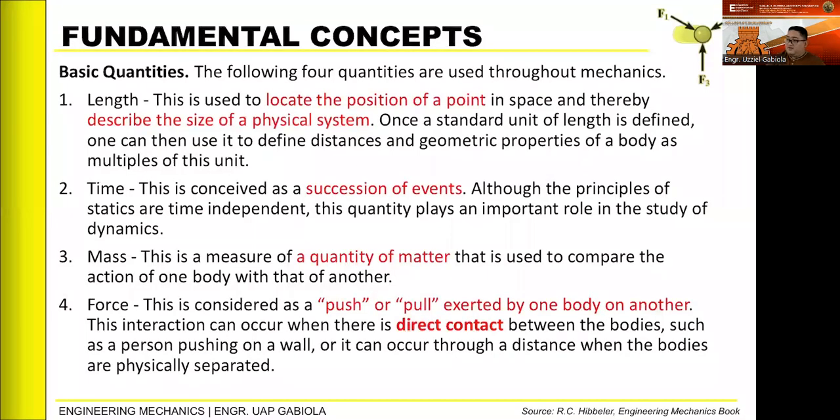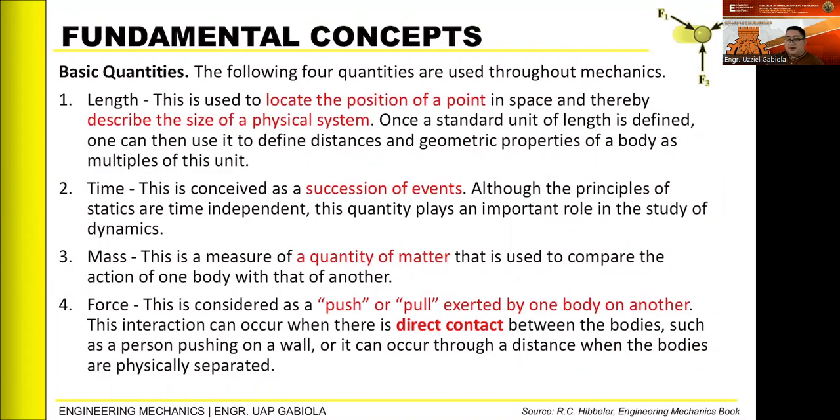This property manifests itself as a gravitational attraction between two bodies and provides a measure of resistance of matter to change in velocity. Kasi di ba pag babalikan mo yung Newton's law of motion, depende sa mass mo, magiging iba yung tendency ng body mo to resist motion, yung tinatawag nating inertia, no? So depende sa value ng mass, iba yung magiging behavior, no?